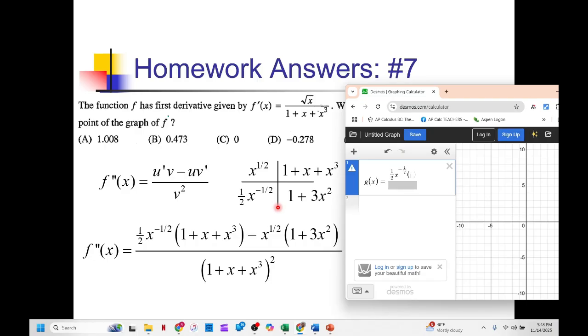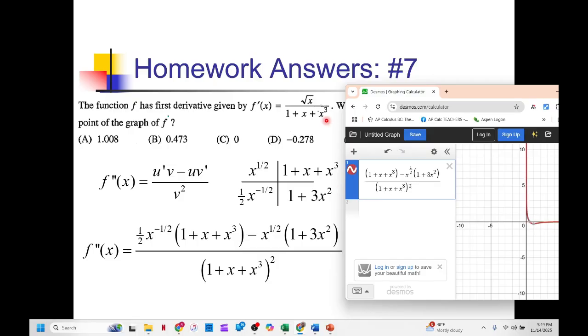Now we've got parentheses 1 plus x cubed, close the parentheses, minus x to the 1/2, and then we've got parentheses 1 plus 3x squared. So half the time on this problem is just entering all of this in. And then finally down here, 1 plus x cubed, all of that squared.